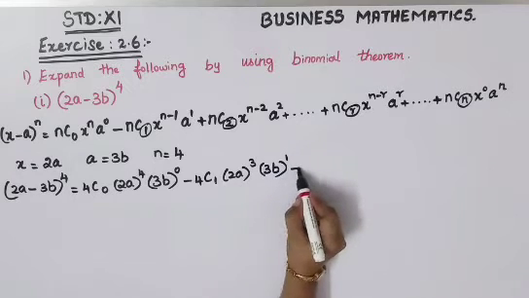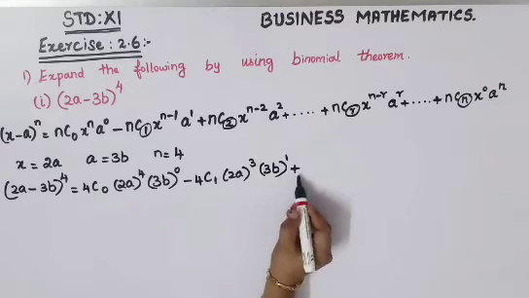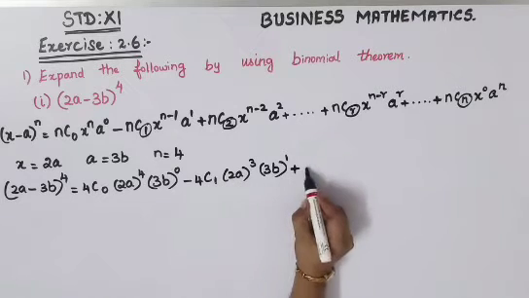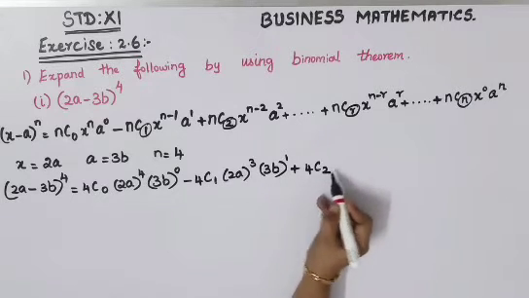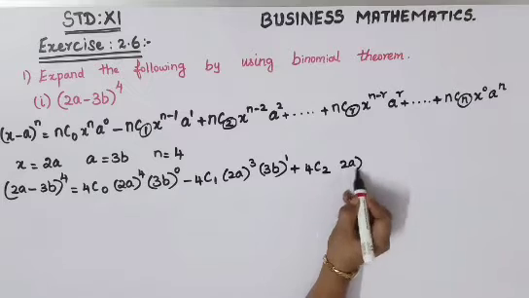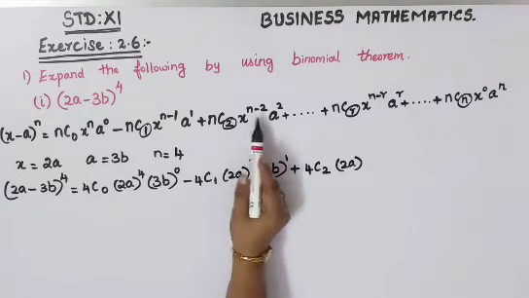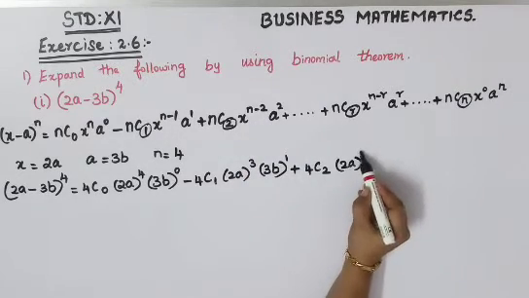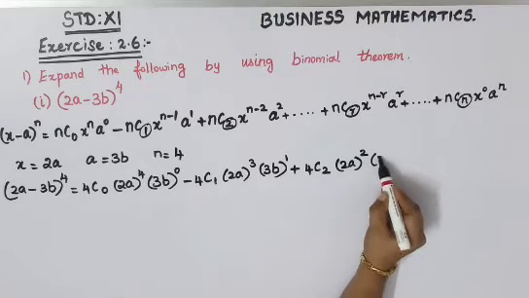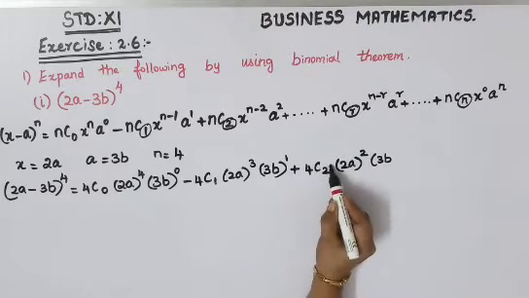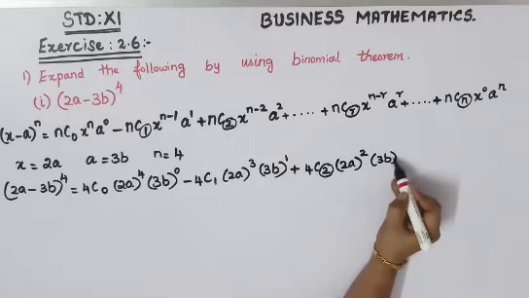The next term will be, since you have got minus here, put plus. We have finished 4C1, the next one will be 4C2, (2a) power n minus 2, 4 minus 2 you will get 2, next is (3b) power 2.